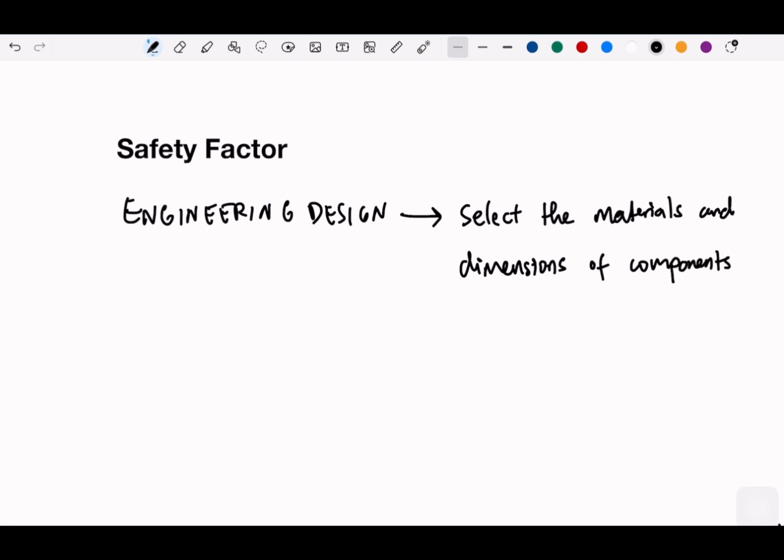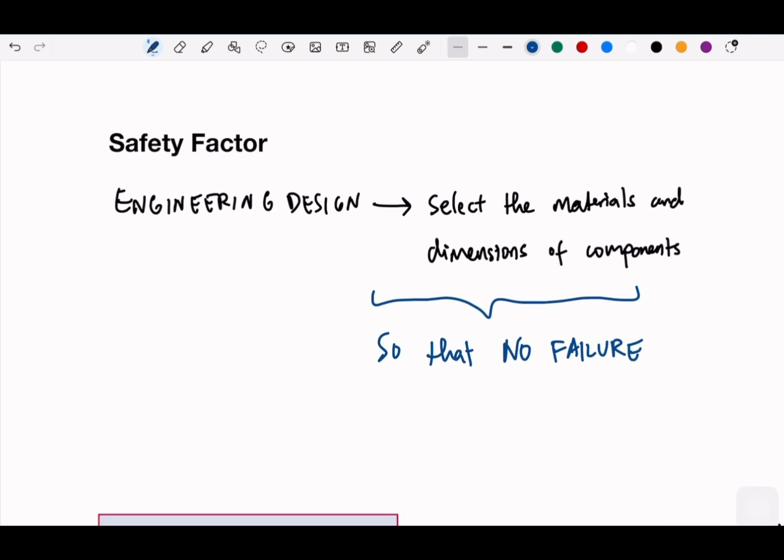Why do we need to select the materials and why do we need to measure the exact dimensions? The idea is so that no failure occurs. So we want to have a good selection of materials, a good measurement of the dimensions.